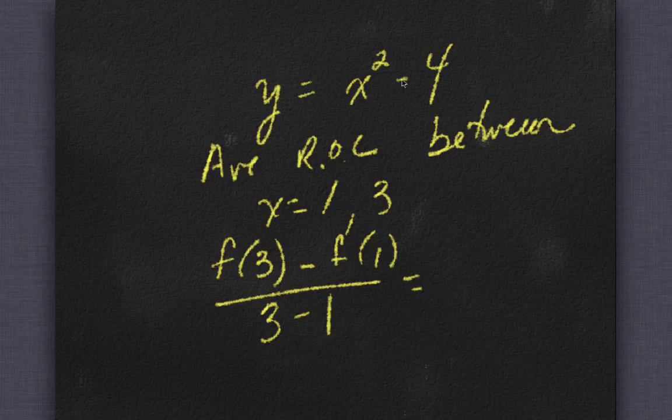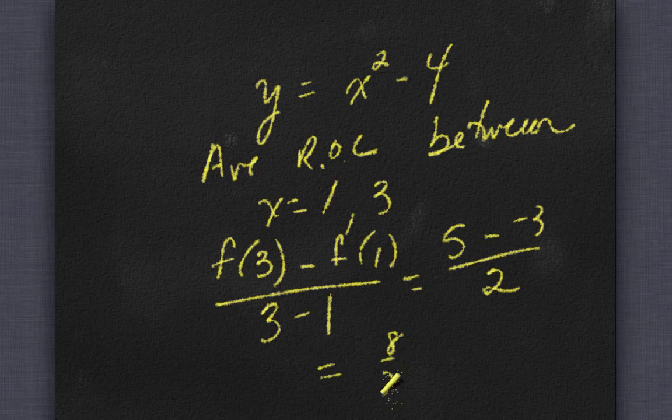So if I plug in 3, I get 5. If I plug in 1, I get negative 3. So the average rate of change is 4. That's the slope between the points (1, negative 3) and (3, 5).